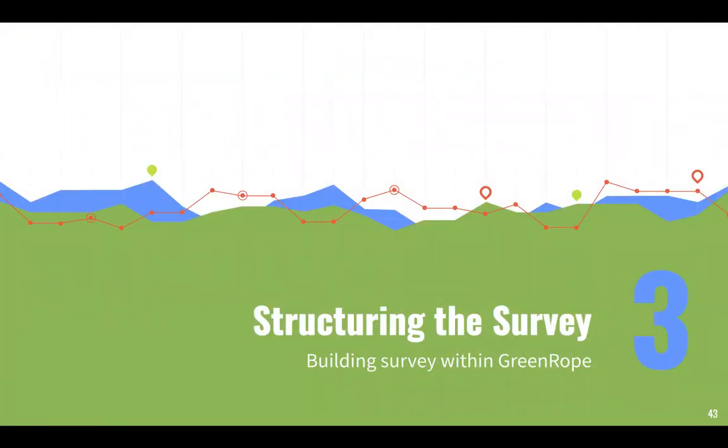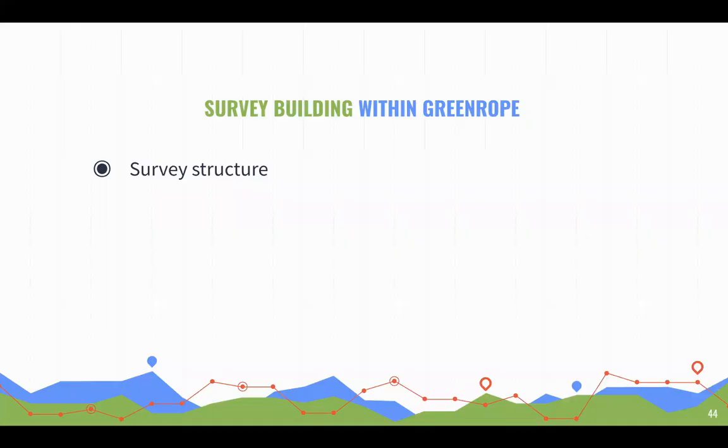So structuring the survey within GreenRope, this is going to be just building out the survey and what to expect when you're looking into your account. We're going to dive into the system and we're going to talk about the structuring of how it is displayed. We'll go into adding customized placeholders to add that connection throughout the account.